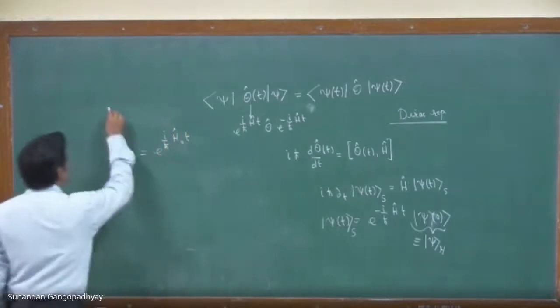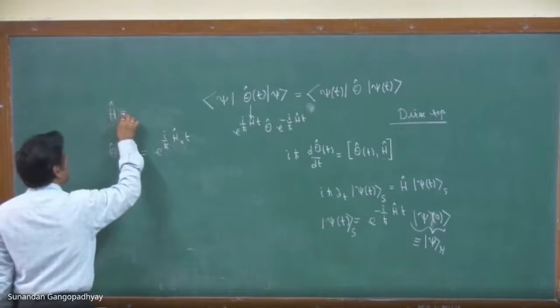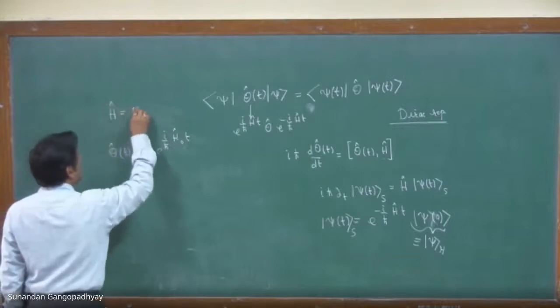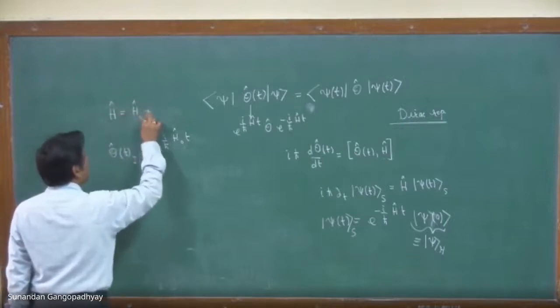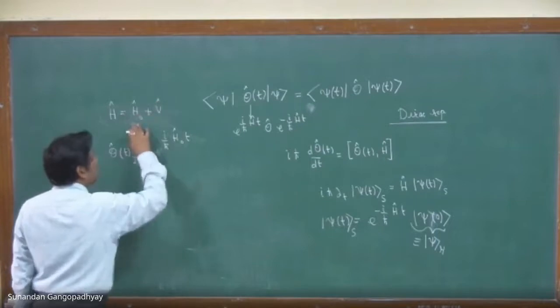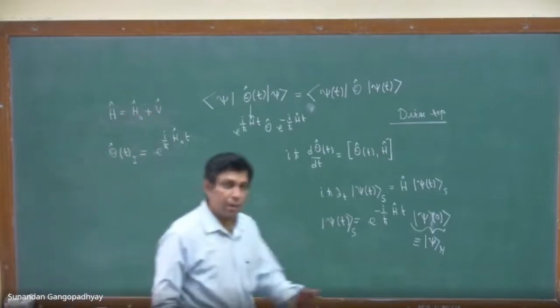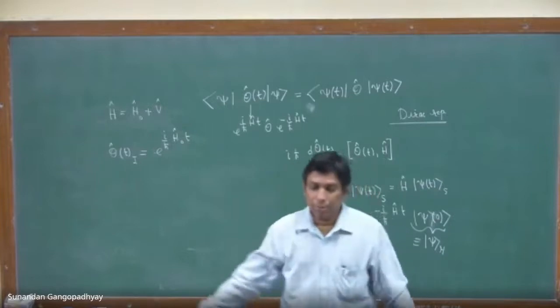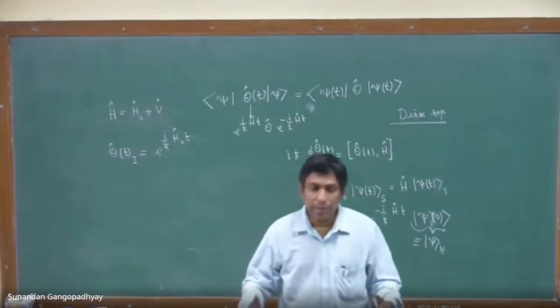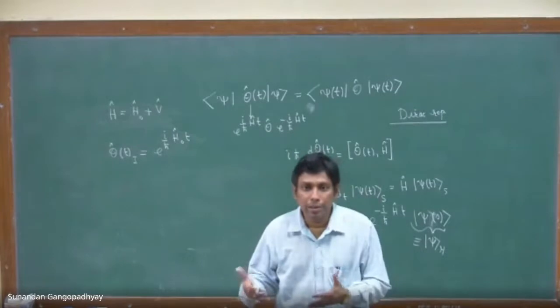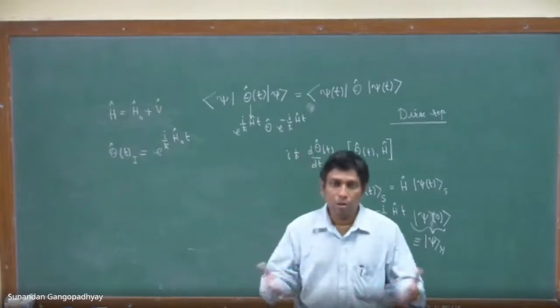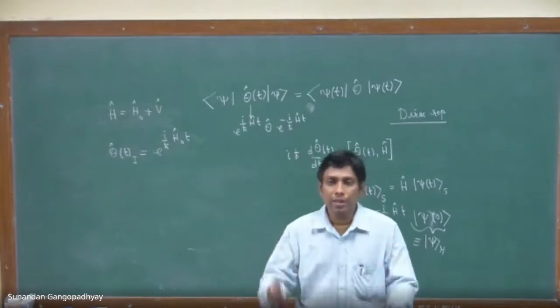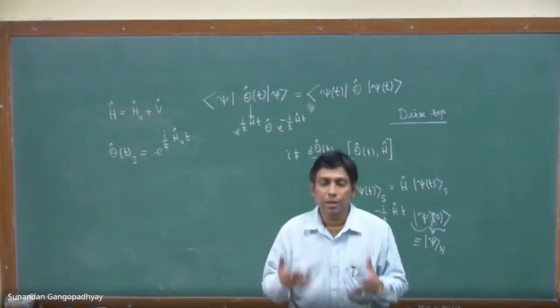So what we do is we just partition the total Hamiltonian, the full Hamiltonian, into H hat naught plus V hat. This H hat naught is the free part of the full Hamiltonian. By free part I mean the part that has no interaction, the part that we have been dealing with so far: the free Hamiltonians of the real scalar field, complex scalar field, Dirac field, electromagnetic field.